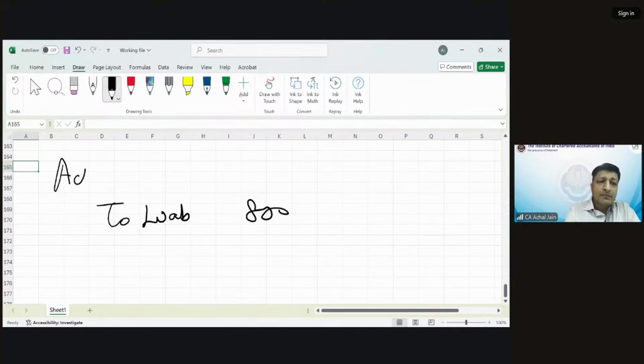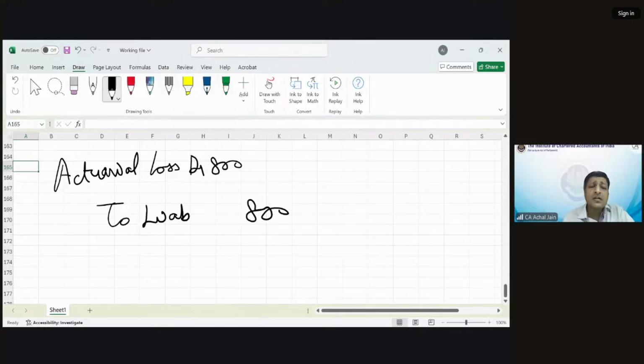Actuarial gain or loss, let me just call it gain/loss. You will debit loss 800, to liability 800. This is the accounting entry you should pass. In that case, this actuarial gain or loss you will take to the P&L straight away. This you will not amortize.